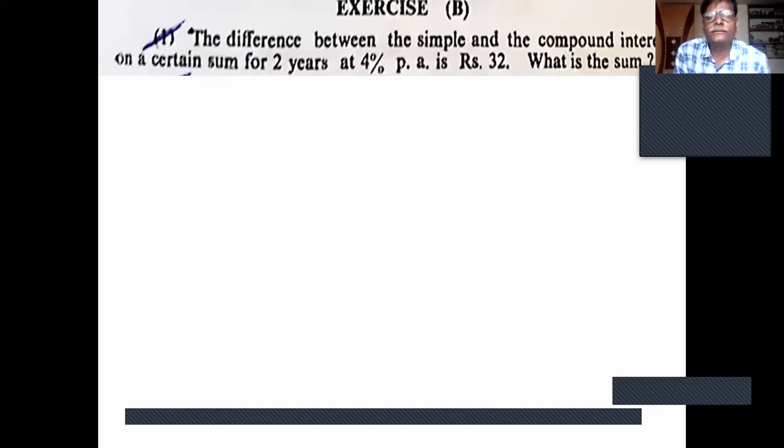Anyone tell me? What is the 4% of 100? 4% of 100 rupees.